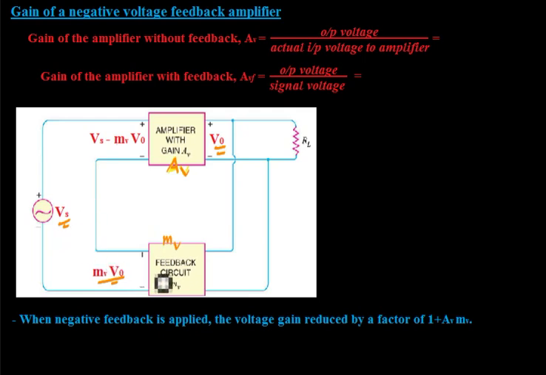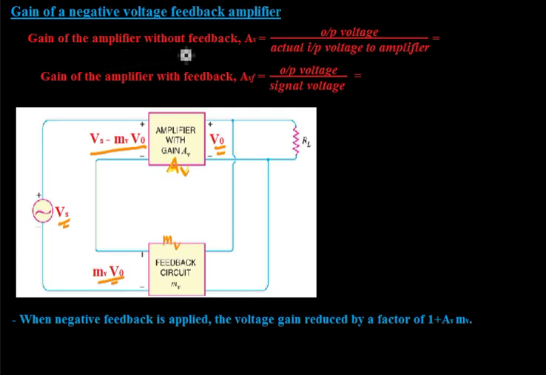Then since it is a negative feedback, the actual input voltage appearing at the input of the amplifier circuit will be Vs minus MV into V0. That is, the signal voltage minus the feedback voltage. Now we can make these points here.